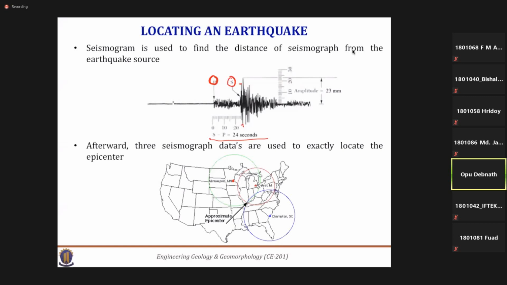But suppose this is the distance, so the point can be anywhere if we consider this as the radius and draw a circle, taking this station as the center. So this is the green circle. The epicenter can be any point along the periphery of this green circle.